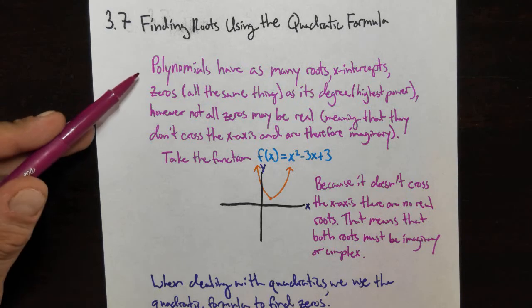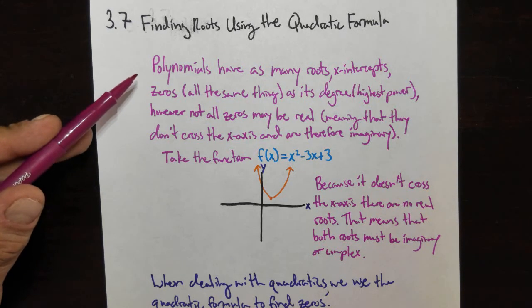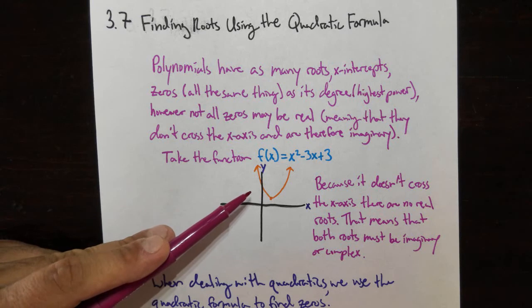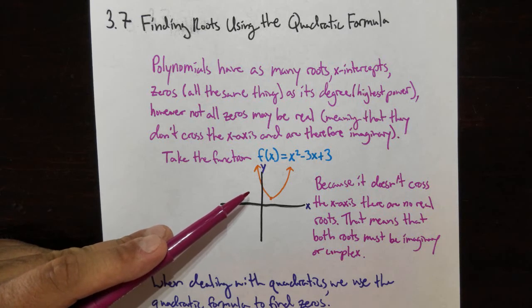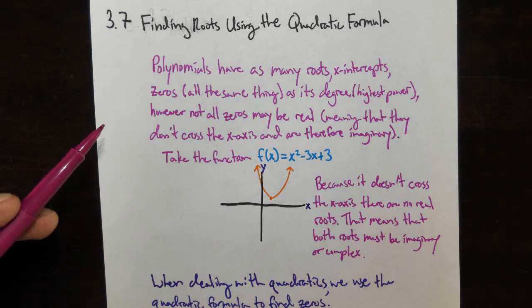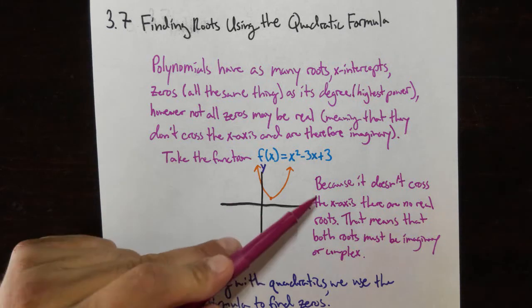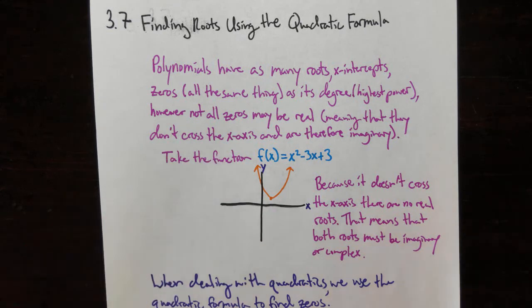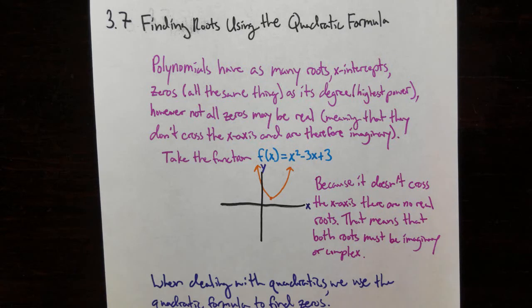But knowing what I know, which is actually also called the fundamental theorem of algebra, it's that important, this should have 2 roots. But since it doesn't cross the x-axis at all, there are no real roots to this polynomial. That means both roots must be imaginary or complex.